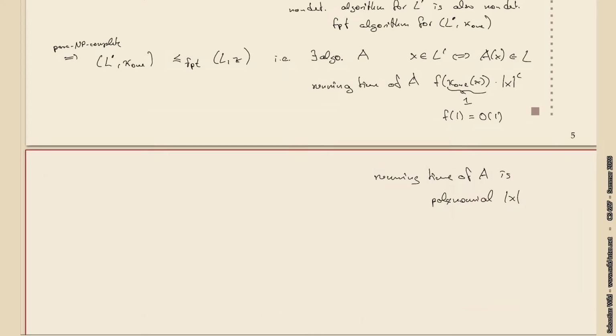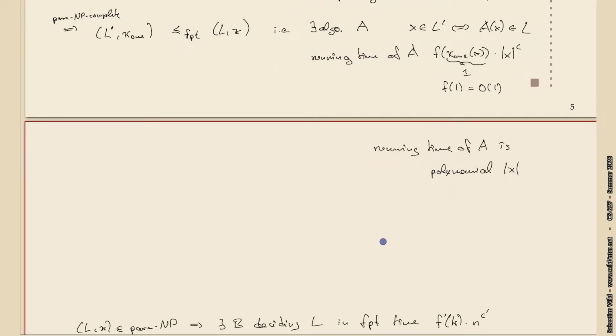The thing is that we reduce this NP-hard problem to a slice of L where the parameter is bounded by a constant. And so A itself maps this NP-hard language L prime to a language L less or equal D, where D is just f of 1.